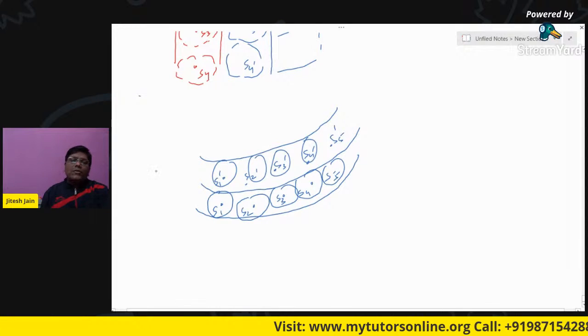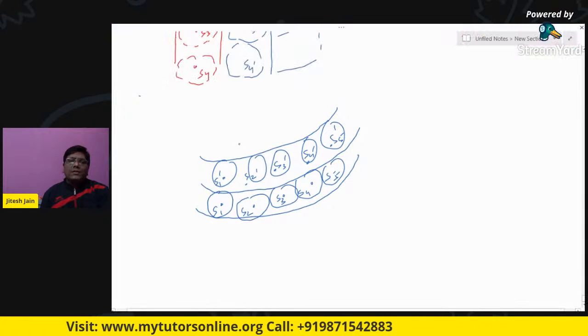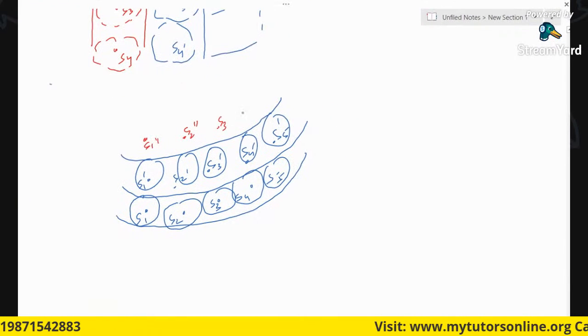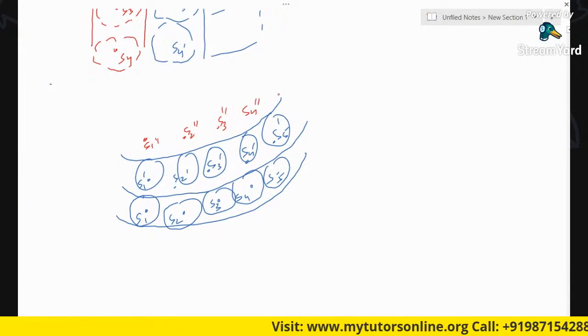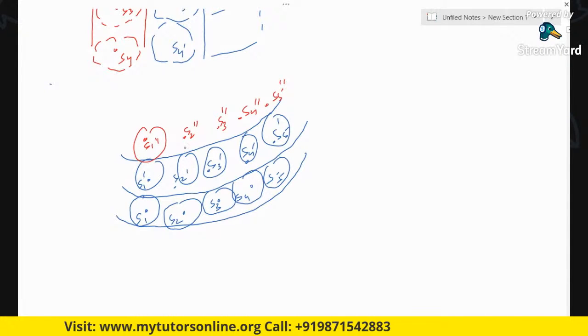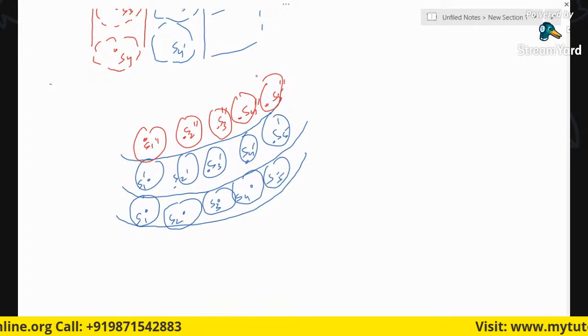And then again, what is going to happen? This will form one more new wavefront, right? S1 double dash, S2 double dash, then S3 double dash, S4 double dash, and S5 double dash. Okay, so this will form a newer wavefront here.